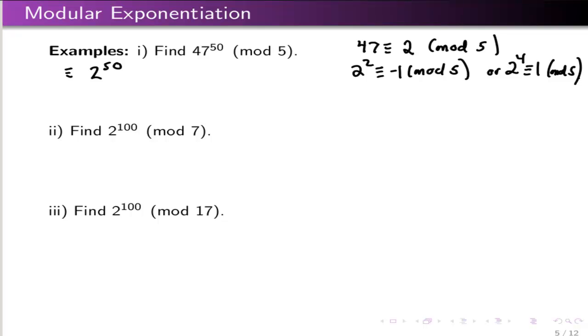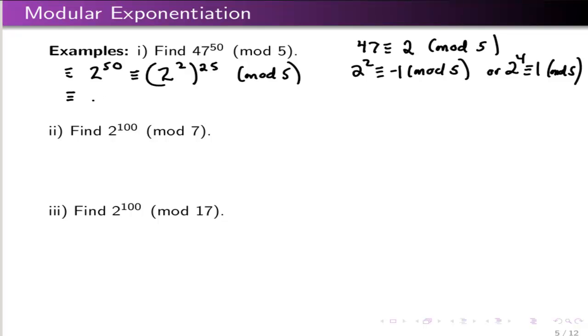And so let's say we use the 2 squared one, since I wrote that down first. So this is 2 squared to the 25th power, mod 5. And notice I'm just writing mod 5 once to the right. I don't have to squeeze it in right here, although there's no harm in doing that.